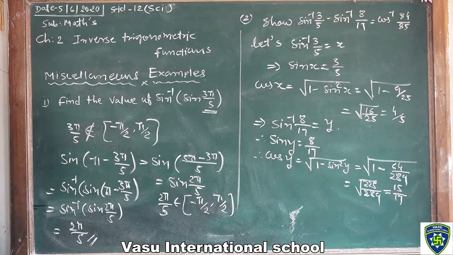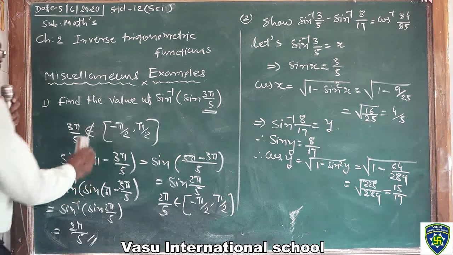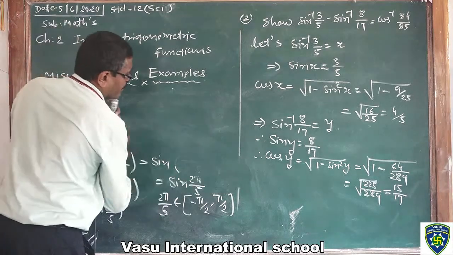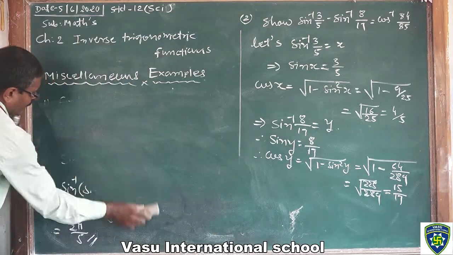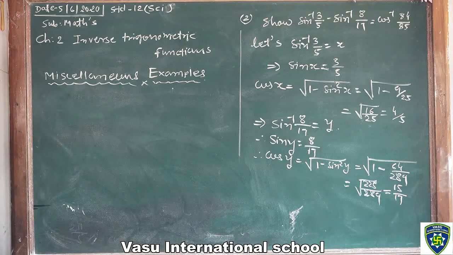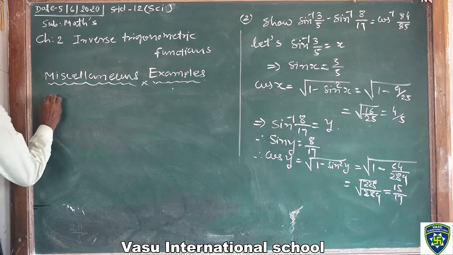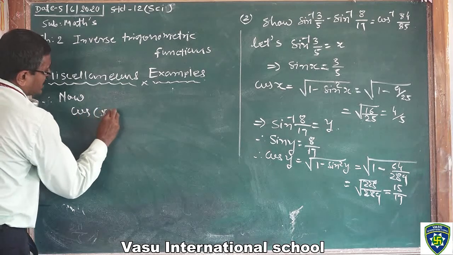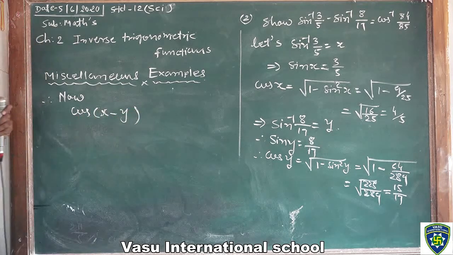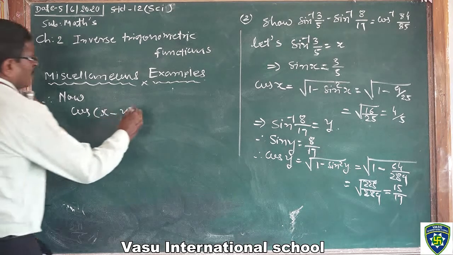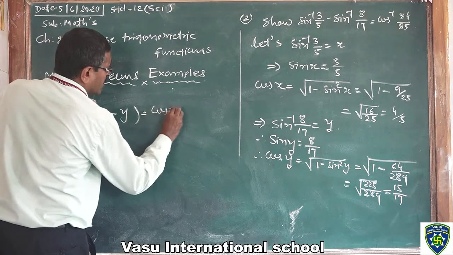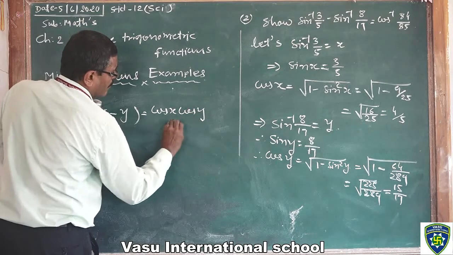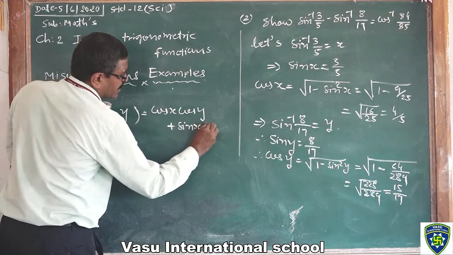Now we use the addition formula of trigonometric function. Now cos of x minus y is equal to, the formula is cos x cos y plus sin x sin y.